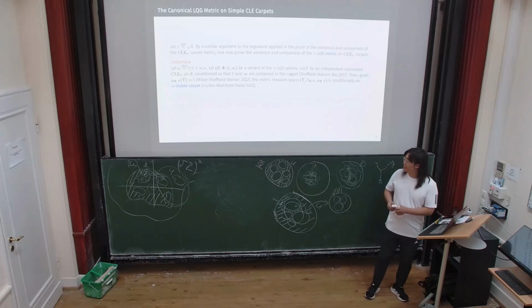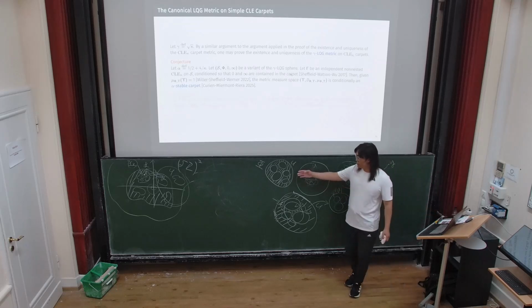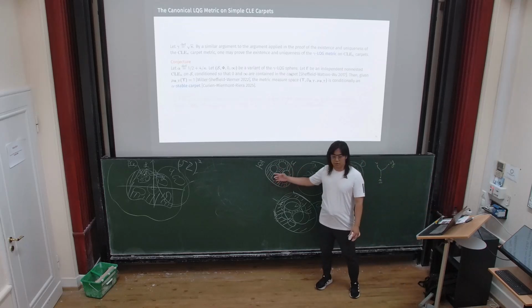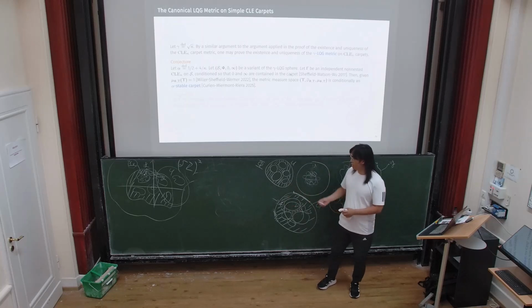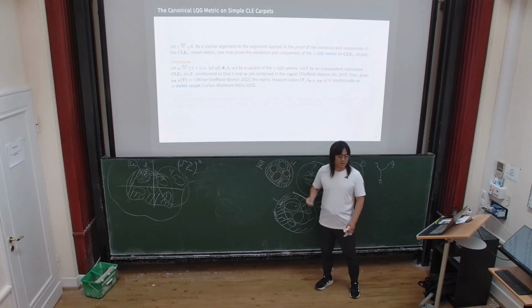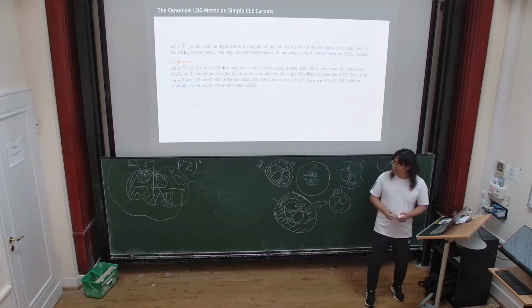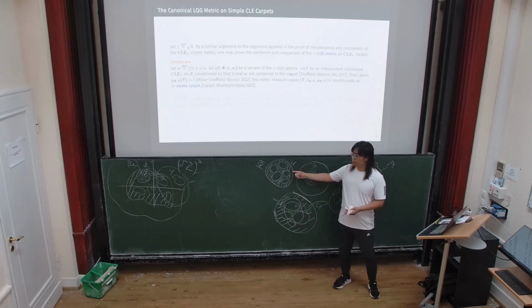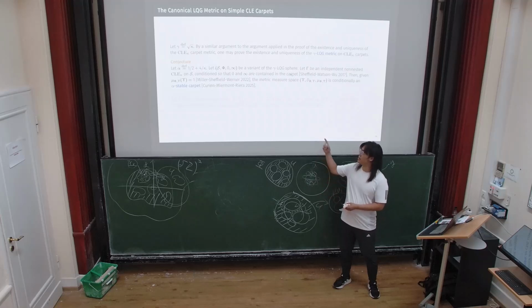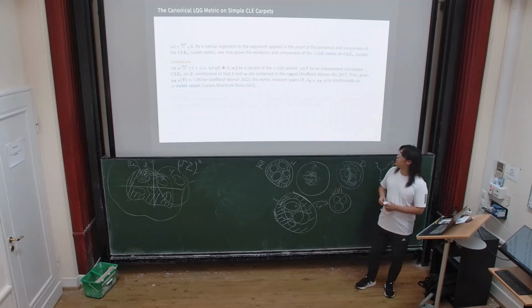But for the proof of this CLE metric, we also use the average surface, and we first prove something for the average surface, and then we transfer it back to the CLE. So this is like the CLE metric with respect to the Euclidean metric, and this is like the CLE metric with respect to the LQG. Okay.